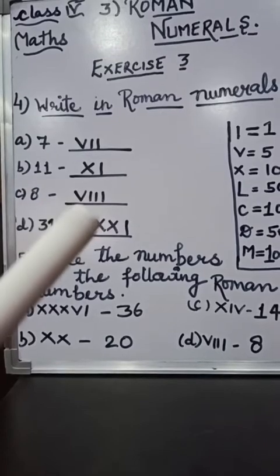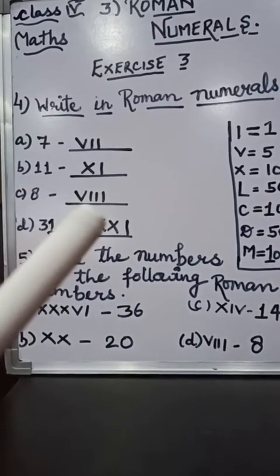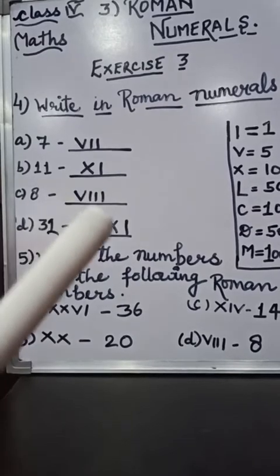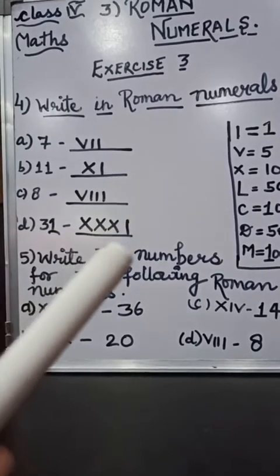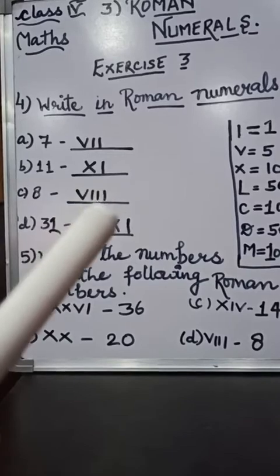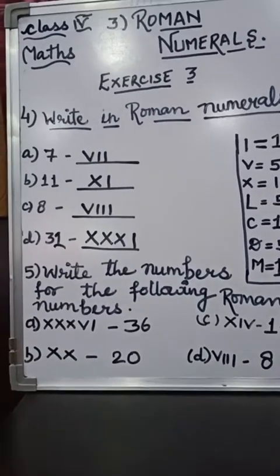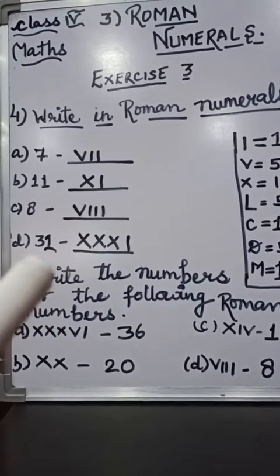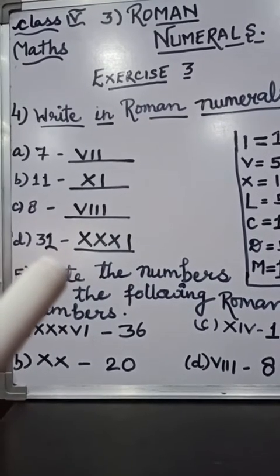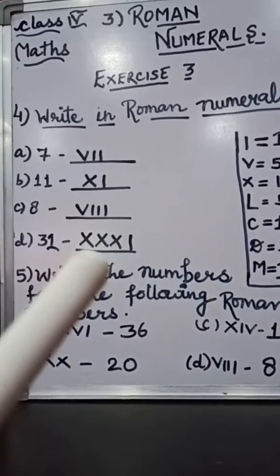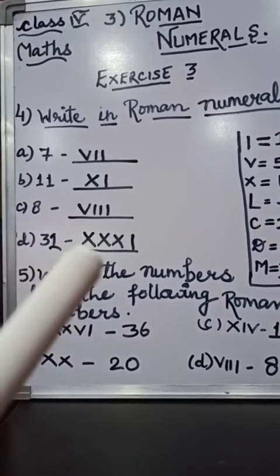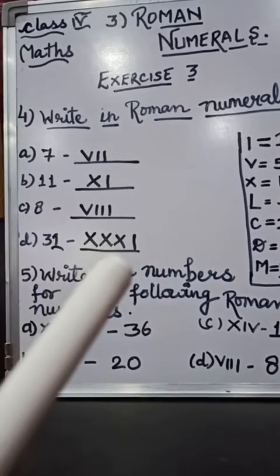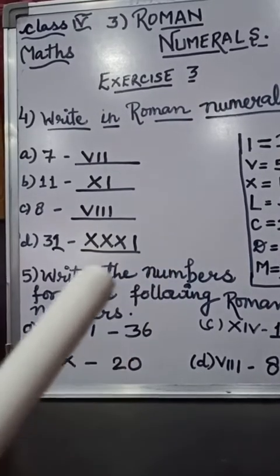Now 8. 8 means 5 plus 1 plus 1 plus 1, that is VIII. Now 31. How are you going to write 31 in Roman numerals? First of all, 3 times X and then I, that is 10, 10, 10 and 1.